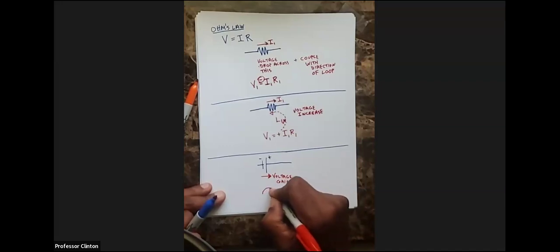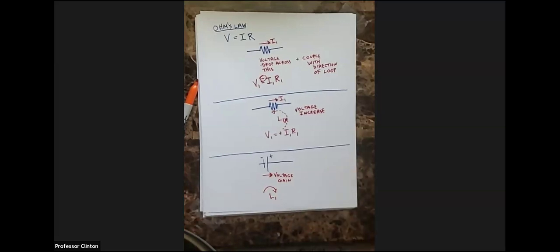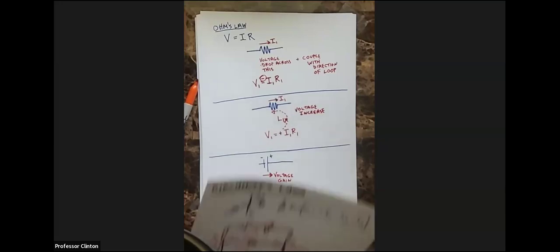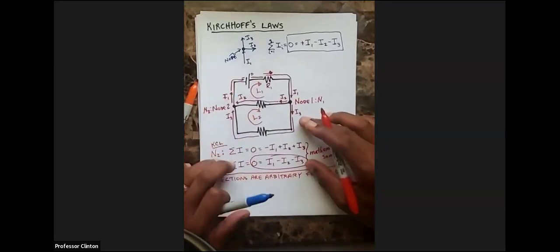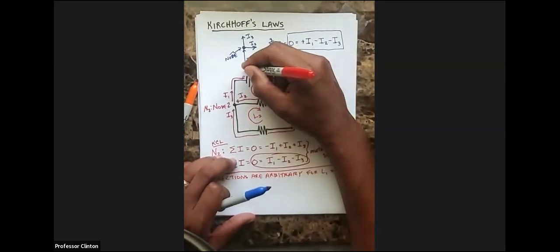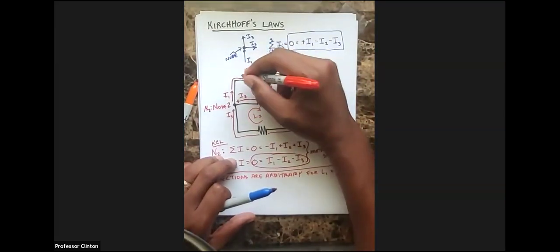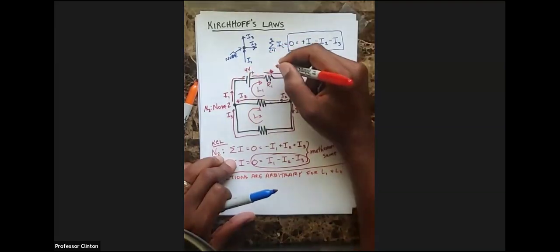Relative to the loop, again, if the loop is going in that direction. So in our case, I'm going to put some numeric values in here. For our purposes, the battery is going to have a 4-volt increase in this direction.